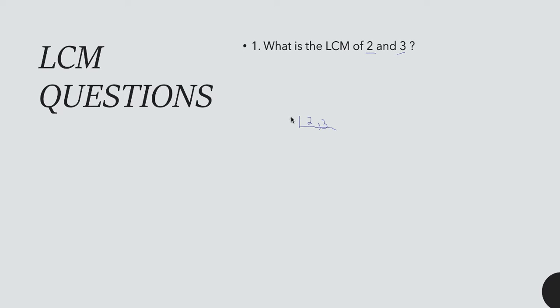So 2 goes into 2 one time. So your main aim is to get everything to become 1. That's what it is. So 1 and 3 are left. So you can just leave this now because you've already found that out. Now what goes into 3 one time? 3.